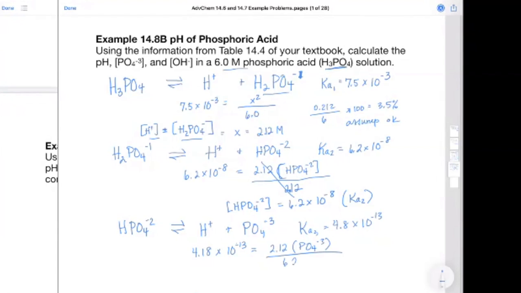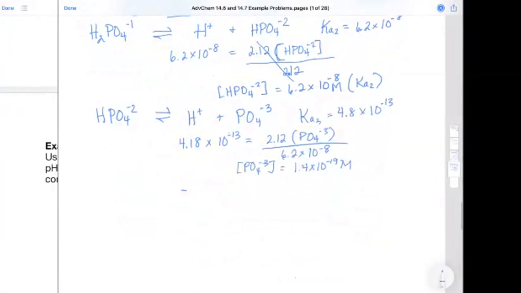We don't know the PO4. The HPO4 was 6.2 times 10 to the negative 8. And when we calculate that, we get 1.4 times 10 to the negative 19th.